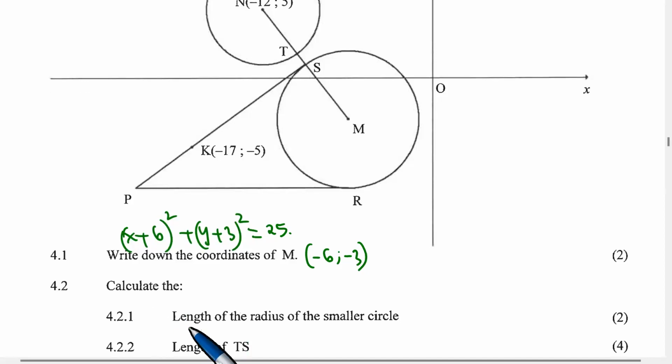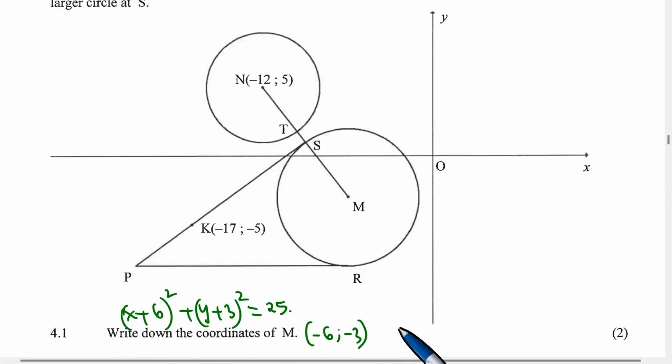All right, calculate the length of the radius of the smaller circle. You have the smaller circle, this one. What is the radius?